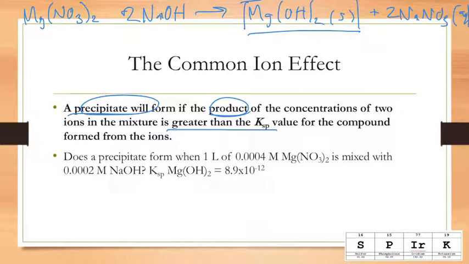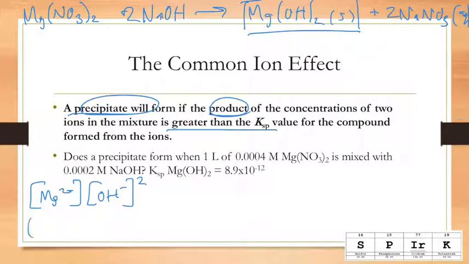So what we're going to do here is multiply together the concentration of Mg2 plus and OH minus. So Mg2 plus times OH minus, but in Mg(OH)2 there are two of these, so we have to square that.